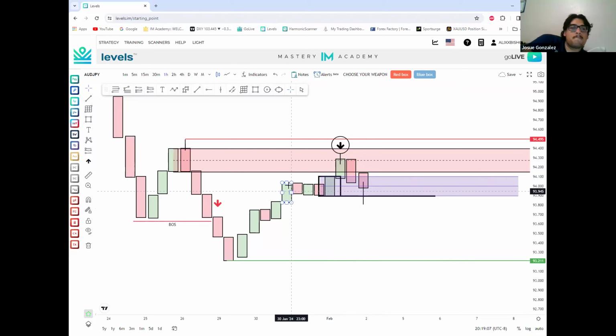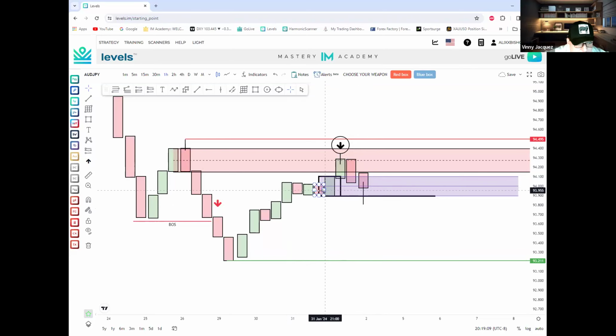Now, notice how we're consolidating right here, right? What if market just gets caught in consolidation again? Sometimes it happens.